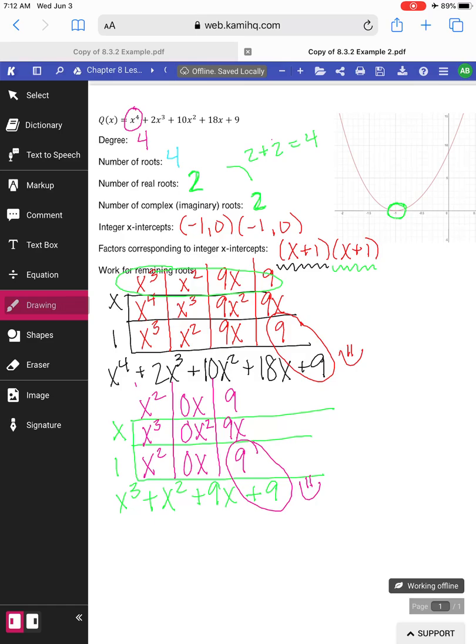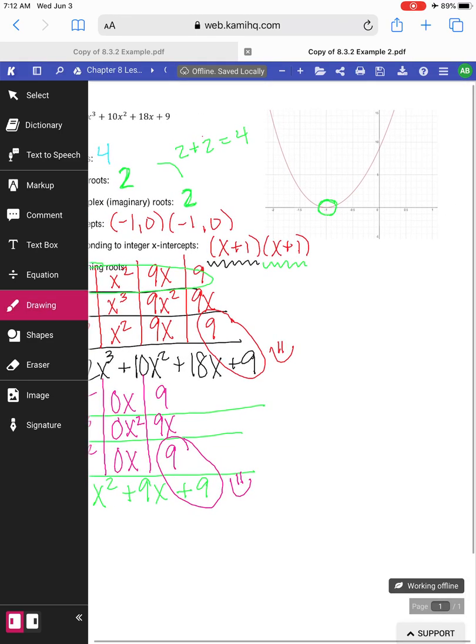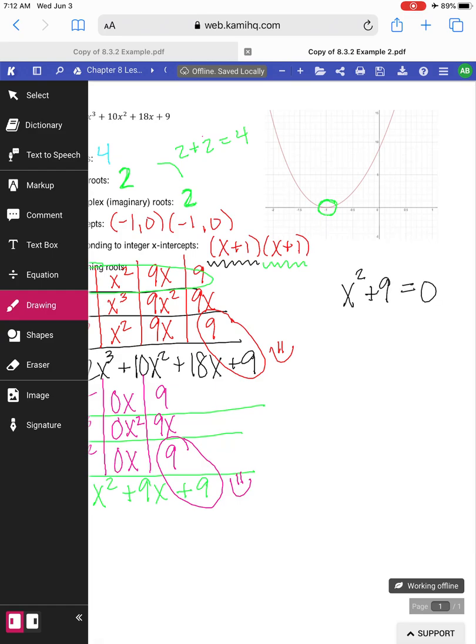Then our final step is to solve for our remaining roots. So we have x squared plus 9 equals 0. For this one, I'm going to show you how to use the Pythagorean, or not the Pythagorean theorem, sorry, the quadratic formula. Since there are no x's, you could have the option to subtract your 9 and take the square root. But just so we have an example of the quadratic formula, I'm going to set that up.